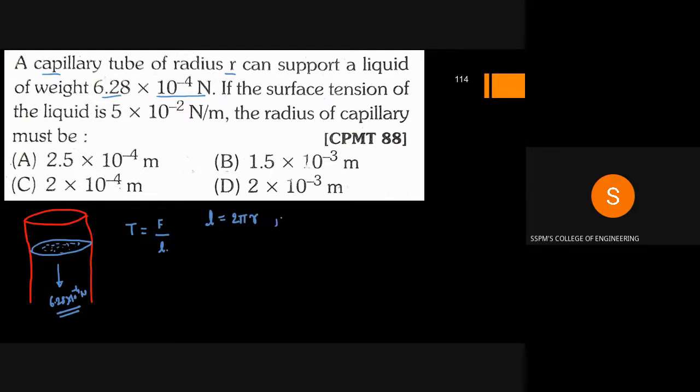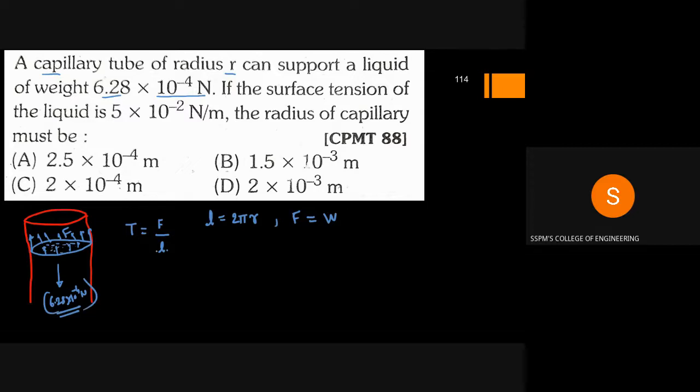And F is nothing but the weight. So the surface tension force will act on the perimeter, and this force will support this total weight.